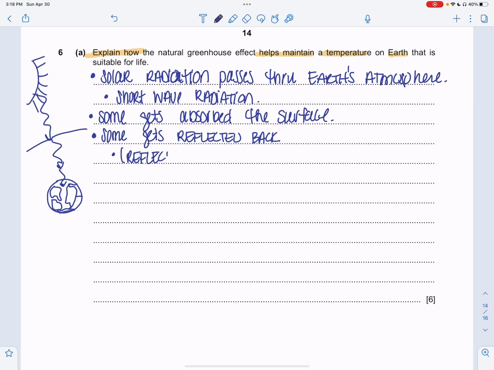And just another mark for you having a little more details. It's reflected back as long wave radiation, or has less energy than where it started. But this would be like your infrared light, which is like the heat that you feel, like an infrared lamp.